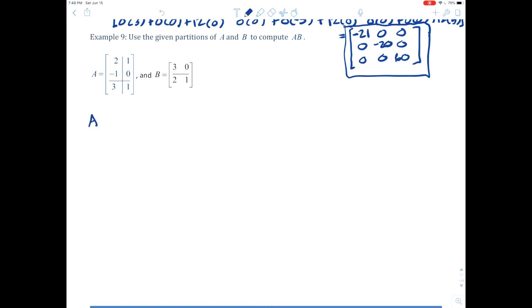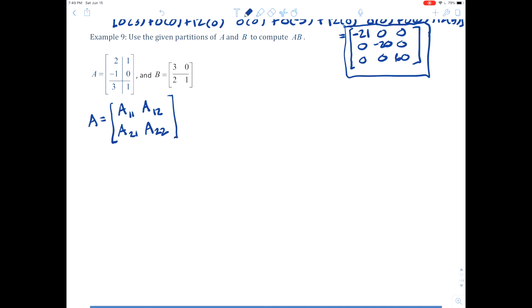So if we call A, and we say that that's equal to a series of matrices that we adjoin, right? So let's just call this matrix capital A11, capital A12, capital A21, and capital A22, right?